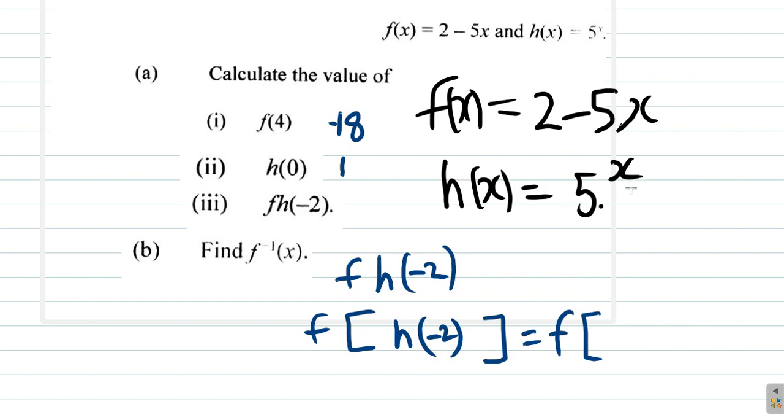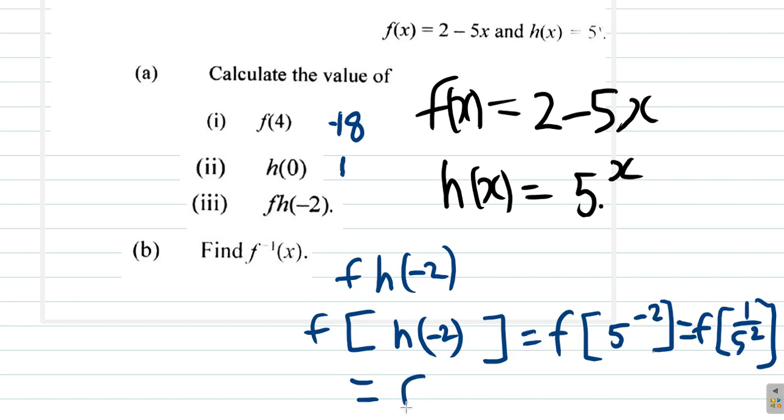What is h of negative 2? It's going to be 5 raised to the power of negative 2. If you remember your indices, you remember that 5 to the power of negative 2 is the same as 1 divided by 5 squared. Alright?